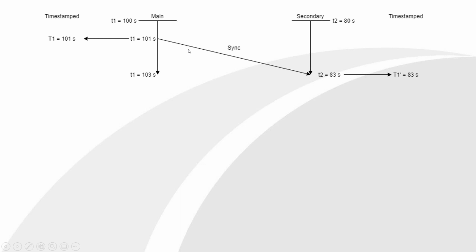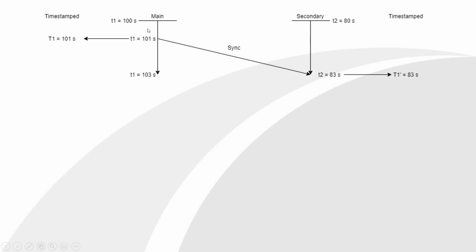The first packet, which is sent out from the master, is the sync packet. This is sent out at a time of 101 seconds on the main clock, and the device saves the time at which it sends out this message, so the 101 second timestamp is saved for the future. This sync message then arrives at the slave at a time of 83 seconds.